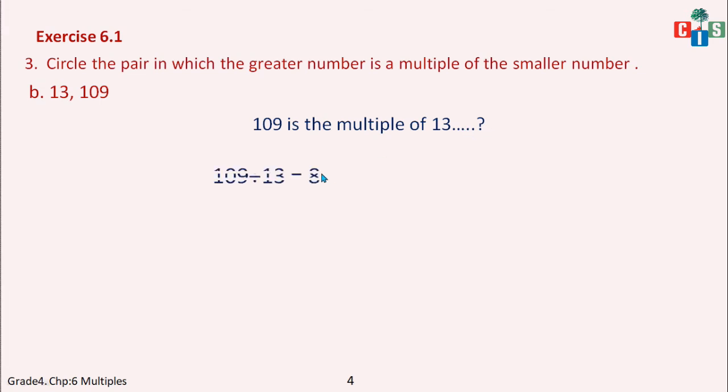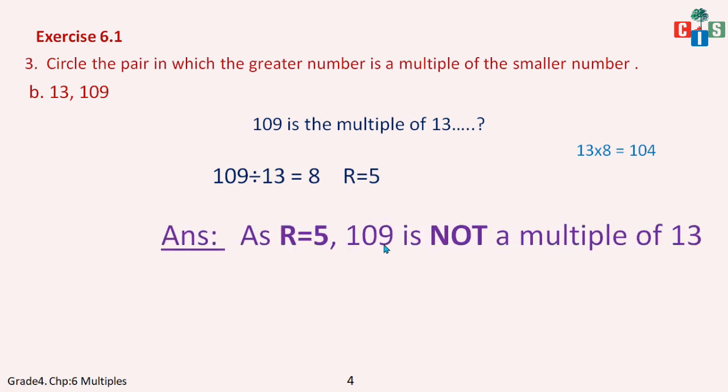You will have 109 divided by 13, which will be 8 as your quotient. Now the remainder will be there because 13 eights are 104, but here it is 109, so the remainder will be 5. As something is remaining behind, I can say that 109 is not a multiple of 13, as the remainder is not 0.